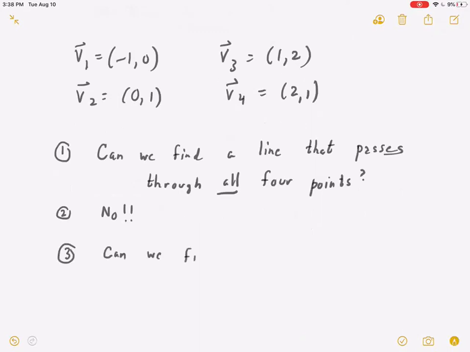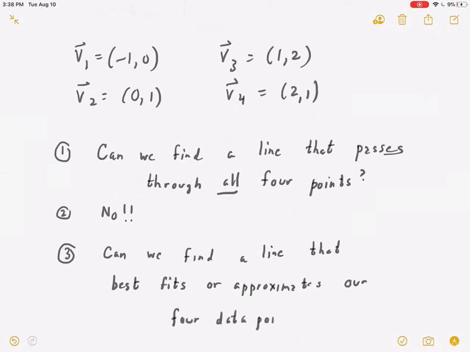Can we find a line that best fits or approximates our 4 data points?